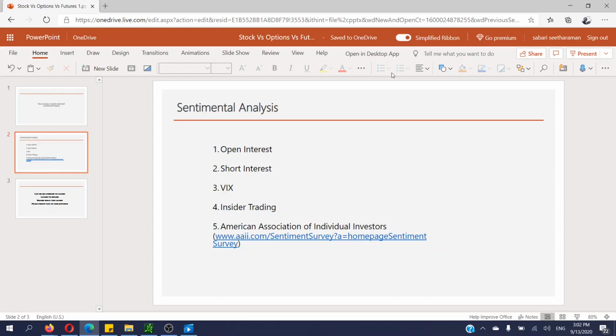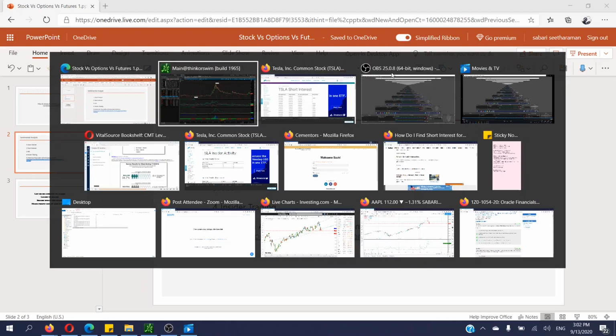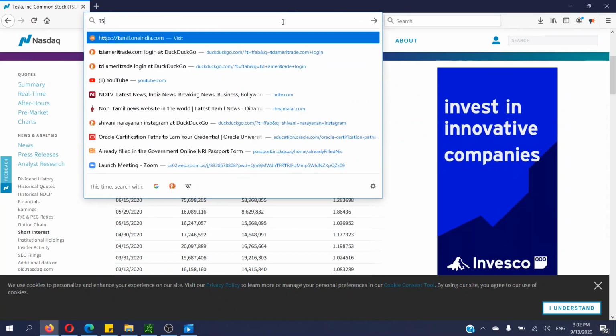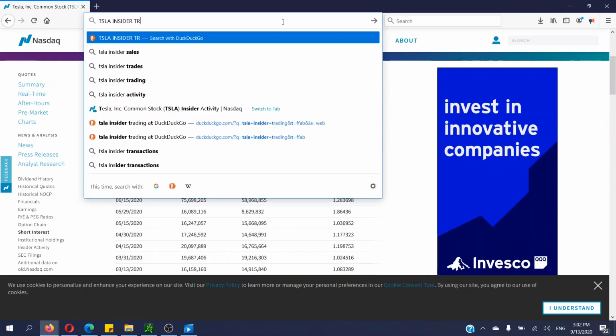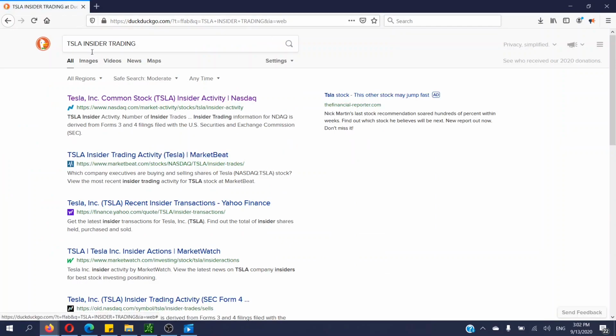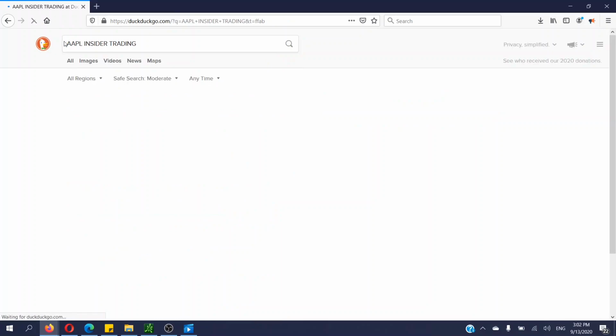We can check out insider trading. How can we check insider trading? Again, go to Google. Type Tesla insider. I took Tesla as an example, but you can pick your own company as well.